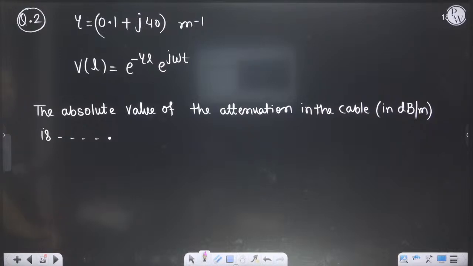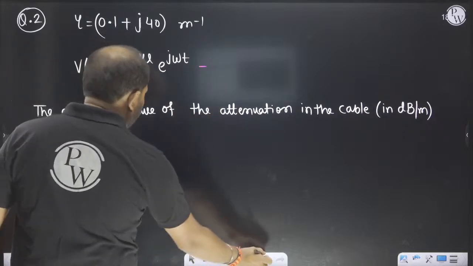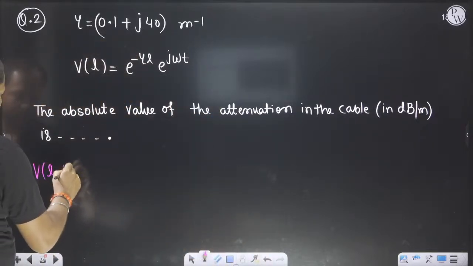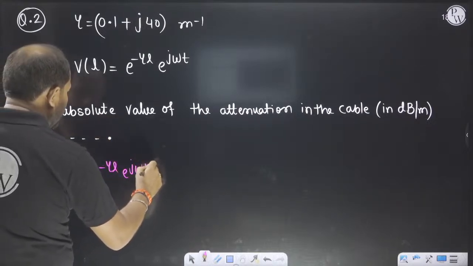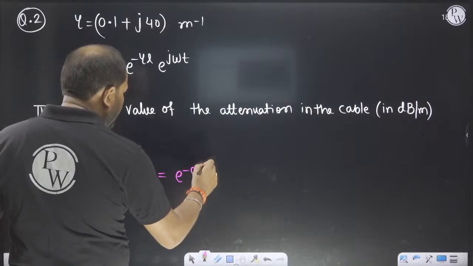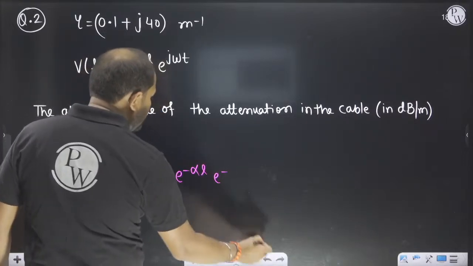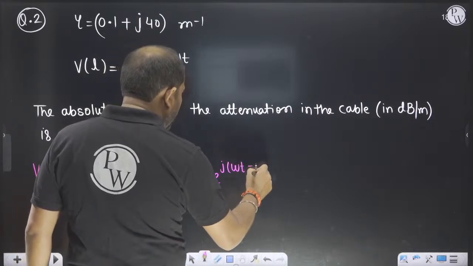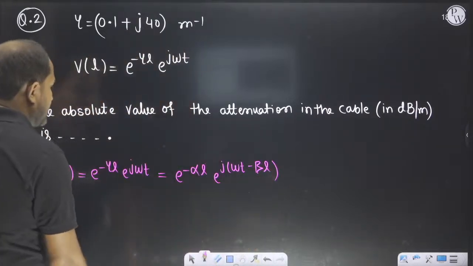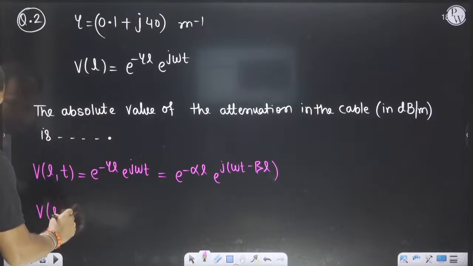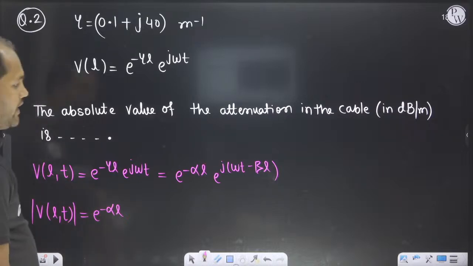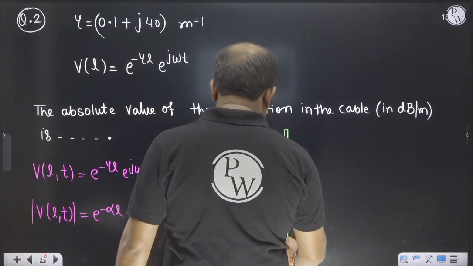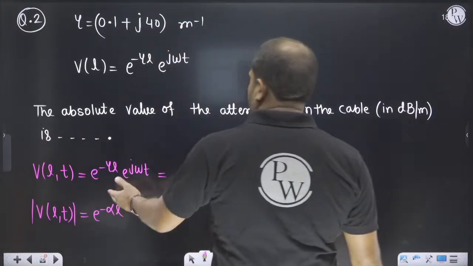Absolute value of attenuation they are asking. So this is a different question. You have to analyze. So I will write what is V(L,T). V(L,T) is written as e to the power minus gamma L e to the power j omega T, so e to the power minus alpha L e to the power j(omega T minus beta L). Then I will ask what is the magnitude of V(L,T). So it will be e to the power minus alpha L. They are asking per unit length.